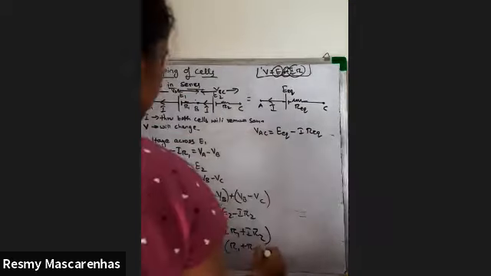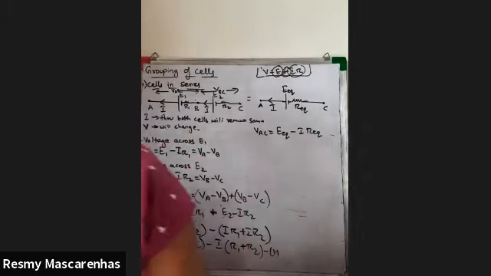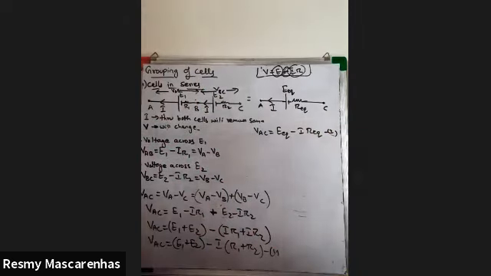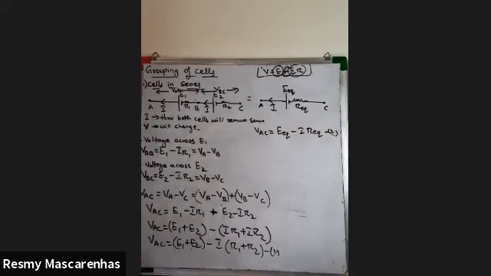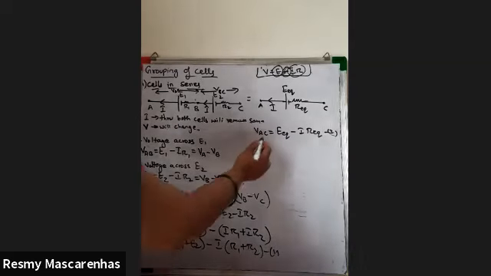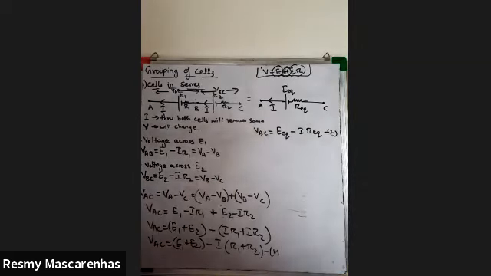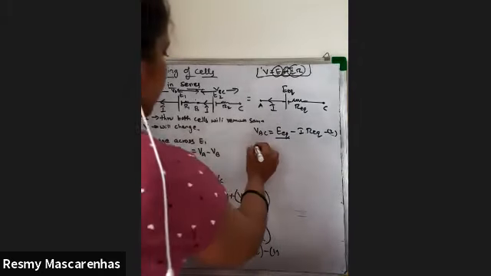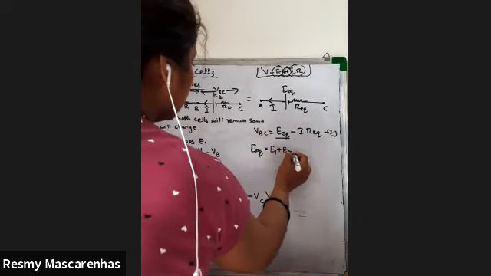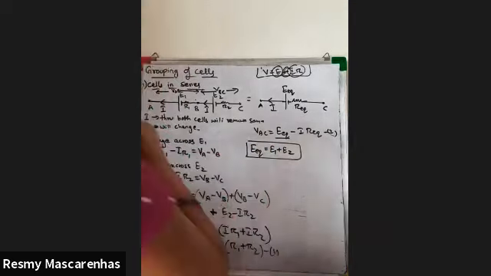Now compare equation 1 and equation 2. This is equal to this one. Yes, E equivalent is equal to this one. So you can write E equivalent is equal to E1 plus E2. So we got one formula.